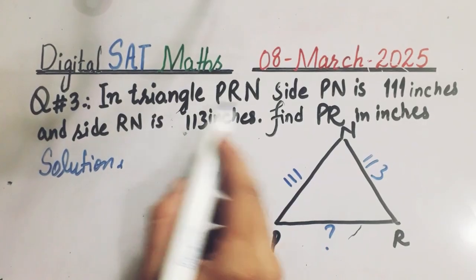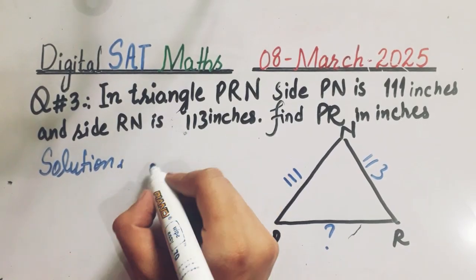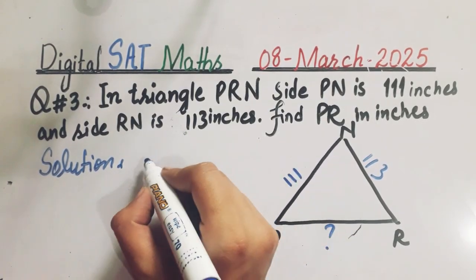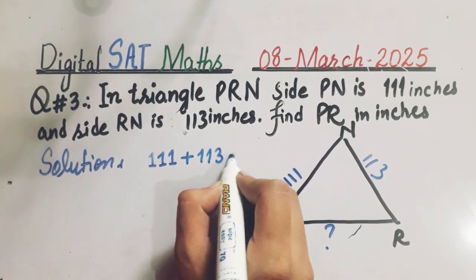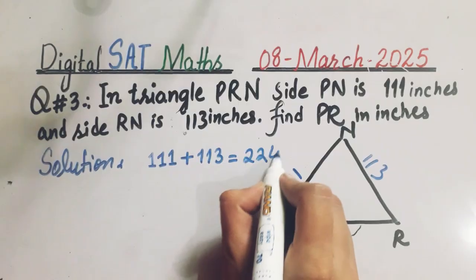So we have two conditions. First of all, one side is 111, so 111 plus 113 we will get 224.